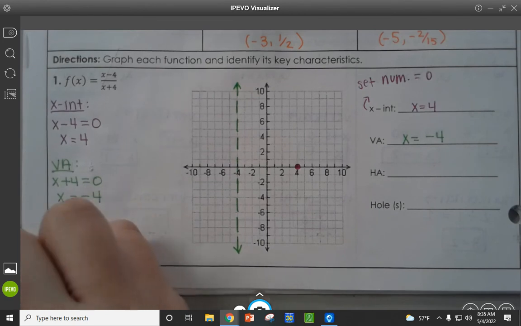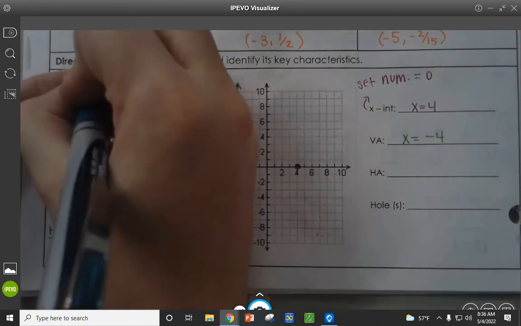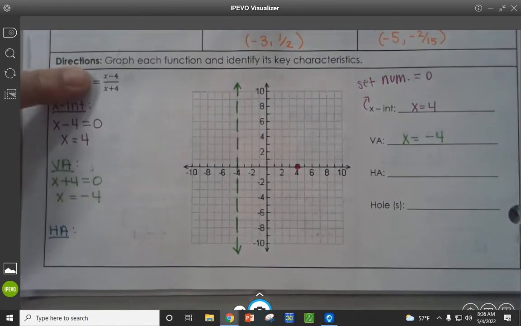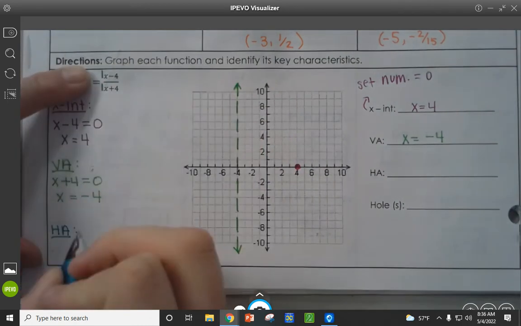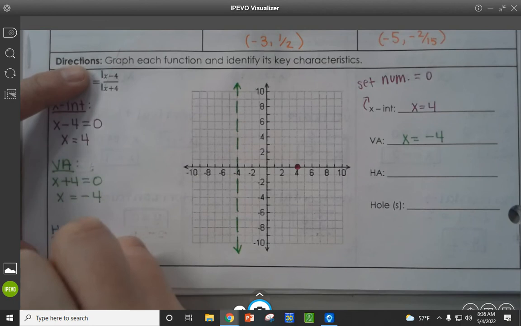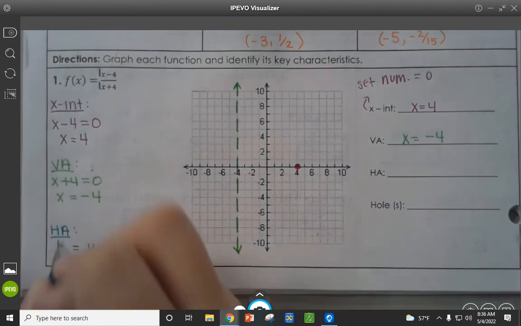The horizontal asymptote. That's where we look at the degrees. Are they the same? The degrees are the same. They're both just x. X to the first, x to the first. So when the degrees are the same, we divide the leading coefficients. So the number in front of the x. So we do 1 divided by 1, which is 1.